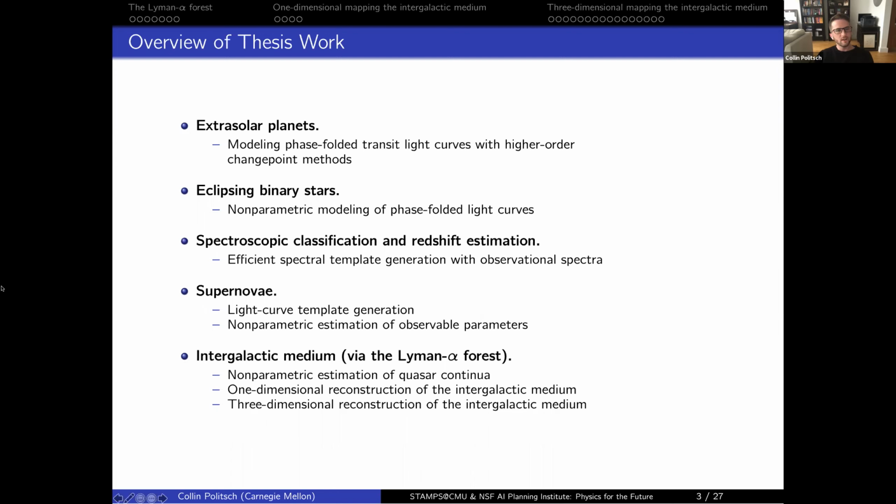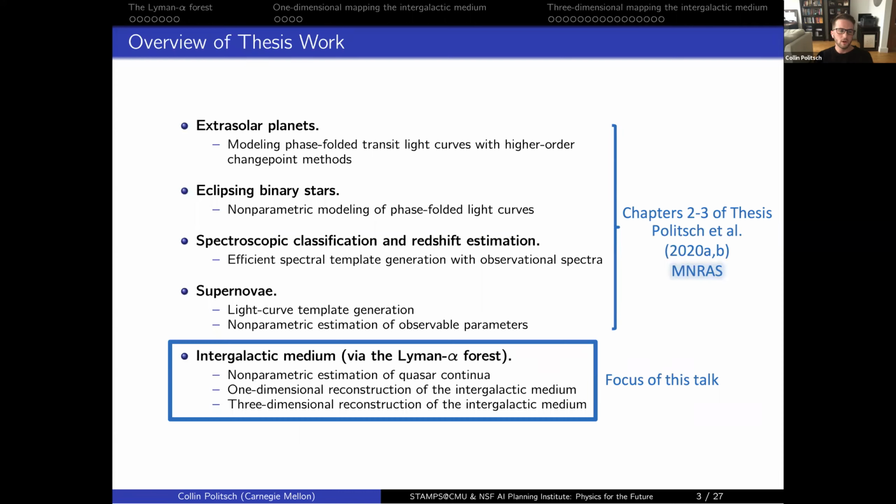No worries there. But I kept this slide in here, the overview of all the work that I did in astrostatistics over my 6 years at Carnegie Mellon as a PhD student, primarily because Larry Wasserman and I have two ADA projects in the statistics department for the current first years. The intergalactic medium via the Lyman alpha forest is what I'm going to be talking about today, and that's what I mainly focused on during my PhD research.